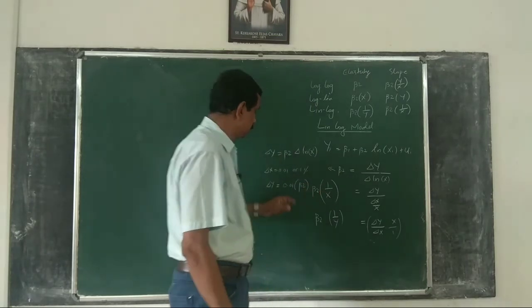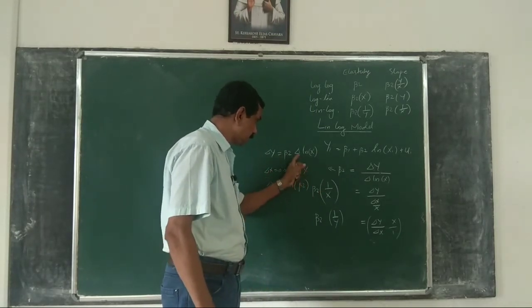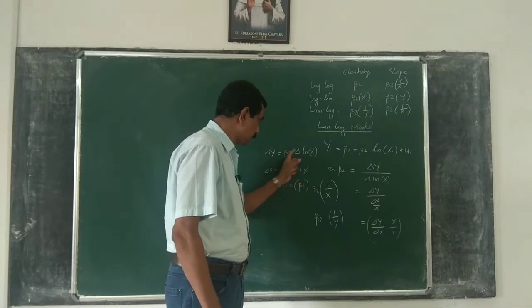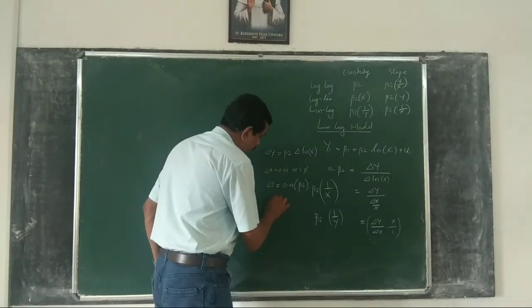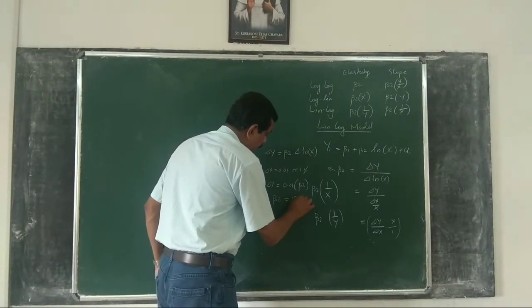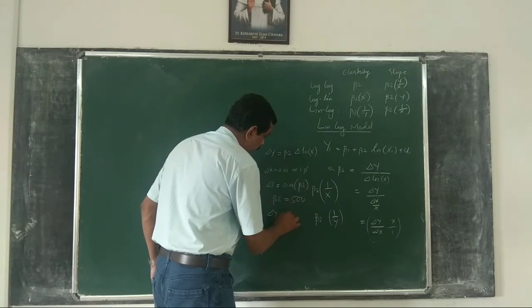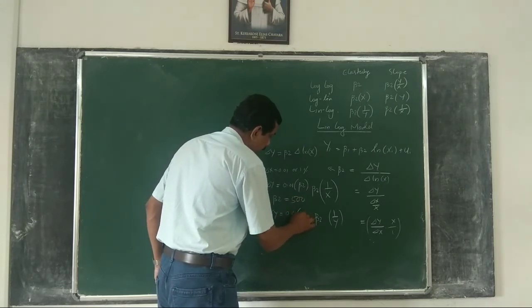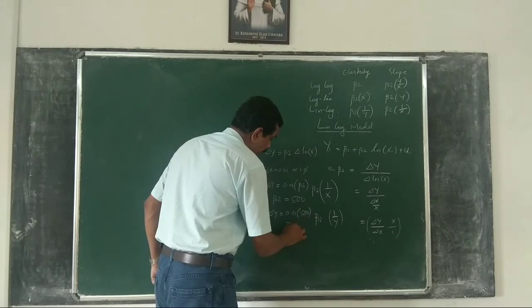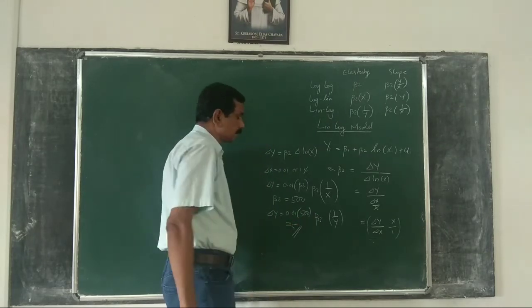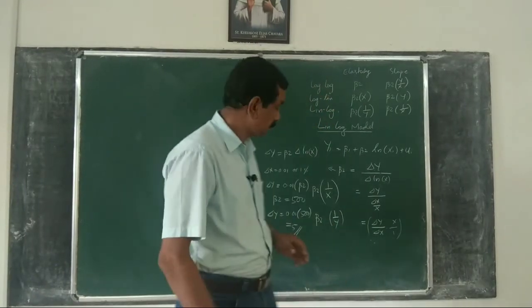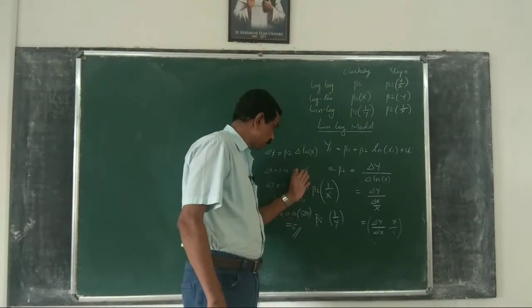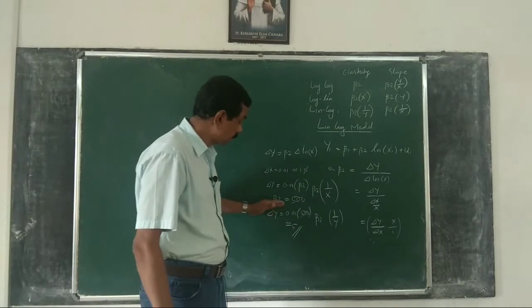Because a 1% change in x causes beta 2 times 0.01 change in y. As an example, if beta 2 is equal to 500, delta y is equal to 0.01 into 500 equal to 5. The interpretation is that if there is a 1% change in x, absolute change in y is 5.